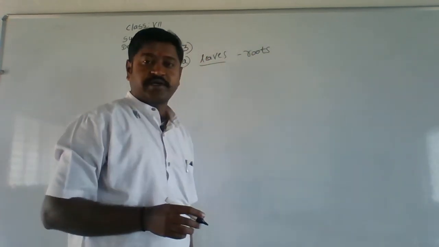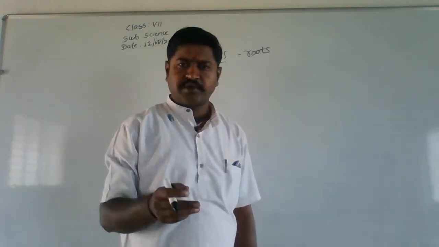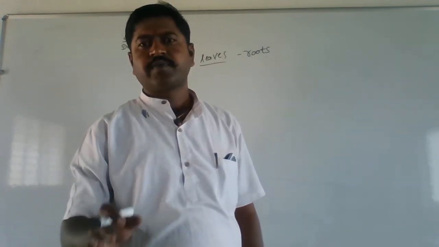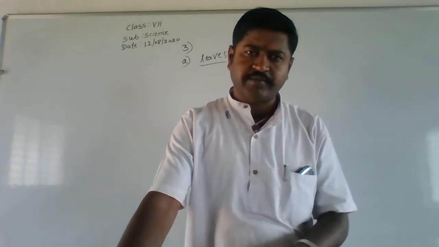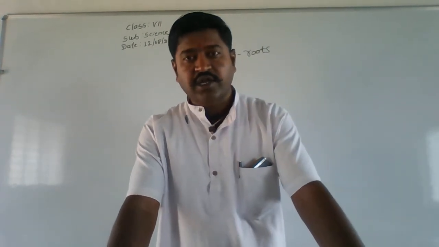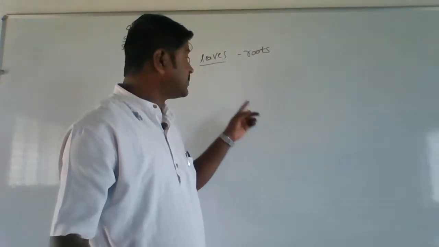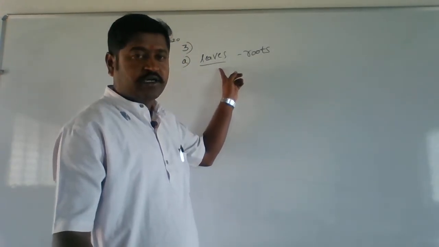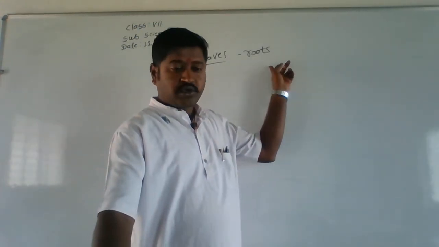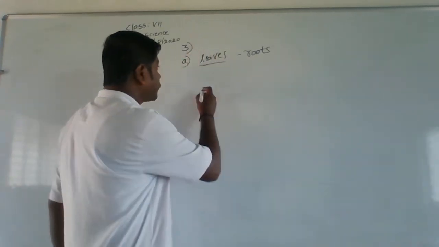roots of leguminous plants. Do you find this rhizobium in leaves of leguminous plants? No. So you will be finding this rhizobium in roots of leguminous plants. So instead of that underlined word leaves, you have to write roots. So the first one, how is it going to become?